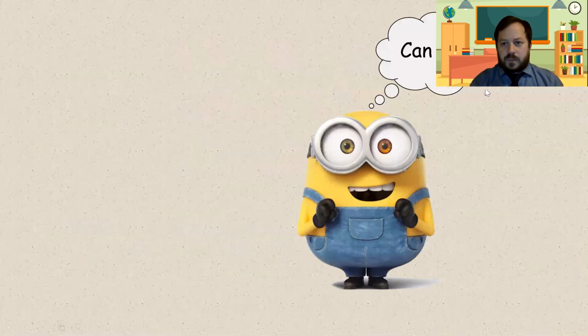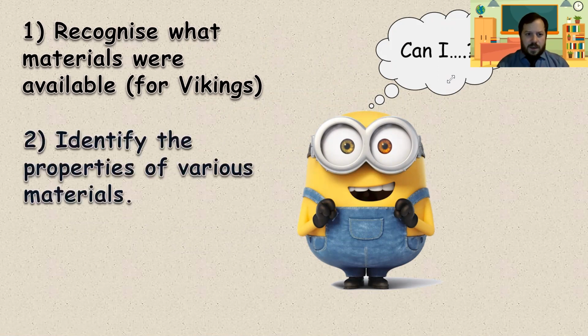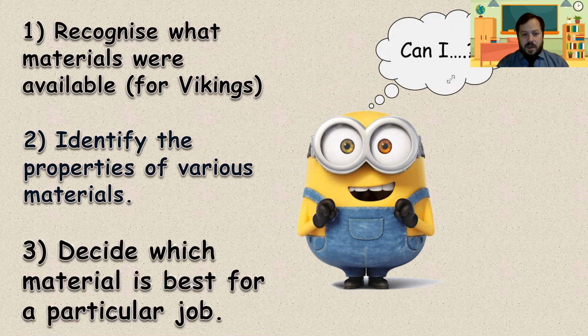So can I recognize materials that were available for the Vikings? Can I identify the properties of various materials? And can I decide which material is best for the particular job? So there's a few stages to this. The first is trying to recognize materials, looking at what might have been available to them, not what we have available to us now, but what might have been available to them.